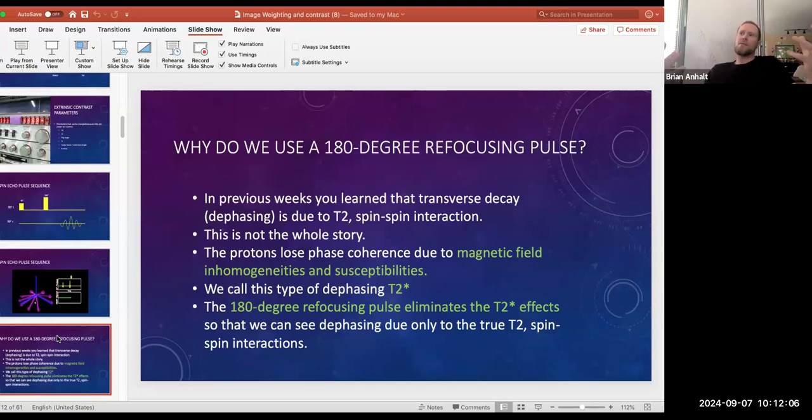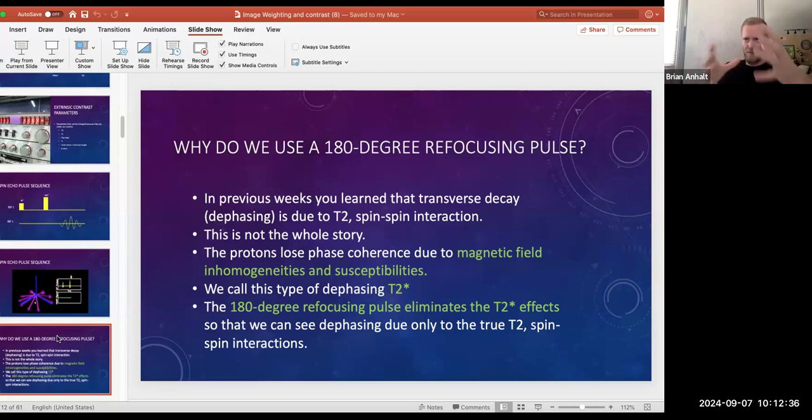So there's different types of susceptibility. We have ferromagnetic, diamagnetic, superparamagnetic, and paramagnetic, right? So what that means is that when we put matter in the magnetic field, it's going to change the field strength, either weaken it or strengthen it to some degree, right? It's never going to stay exactly the same. That is essentially another inhomogeneity, right? Just by putting tissue in the magnet, it changes the field strength.